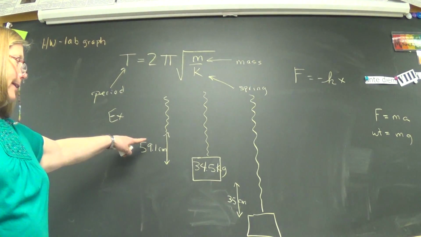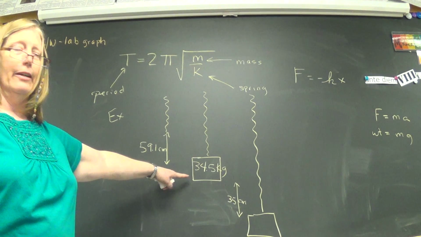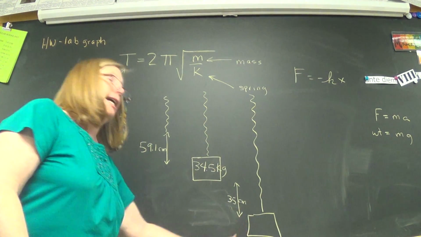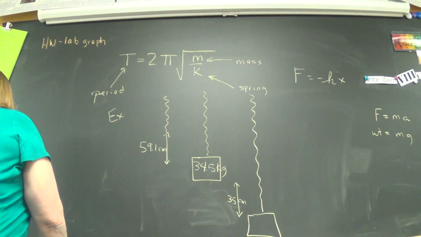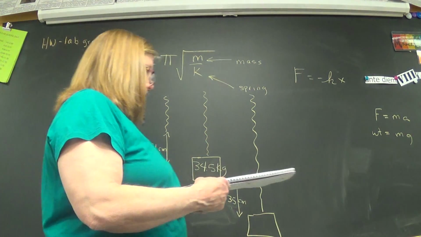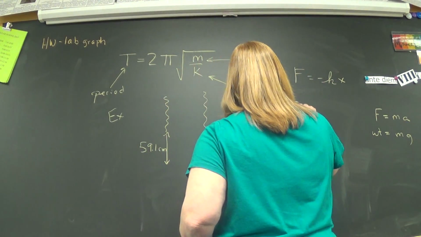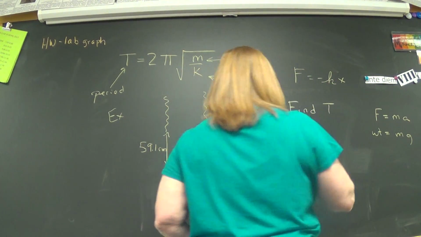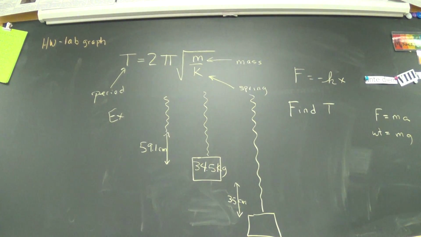So then I'm going to let it go from that point. Here's the spring. When you put the mass on it, it naturally pulls it down to there. Then I'm going to pull it down even further and let go. The question is, find the period of this bounce. So it's going to create a spring motion, find its period.